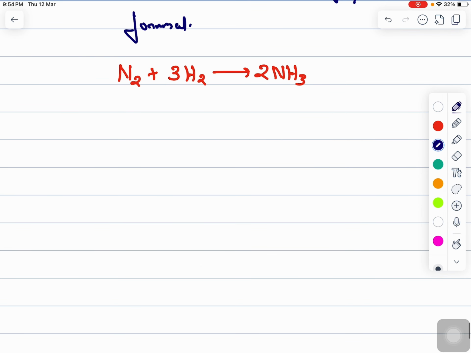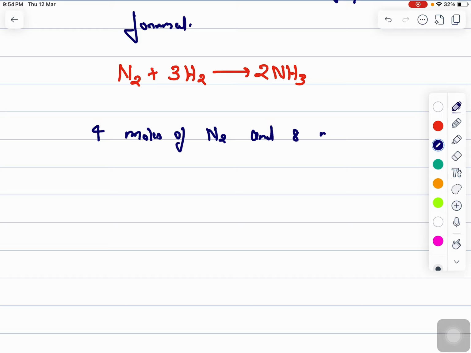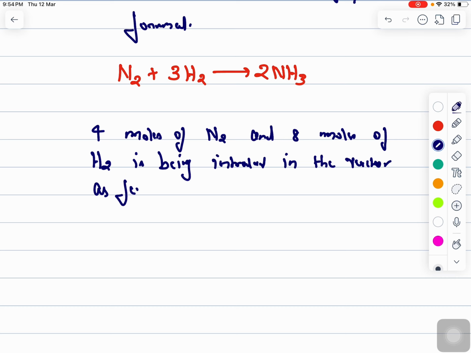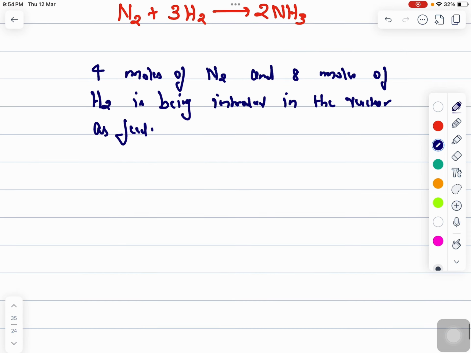And if in the problem it is told that 4 moles of N2 and 8 moles of hydrogen are being introduced into the reactor as feed, then how will you find the limiting reagent?